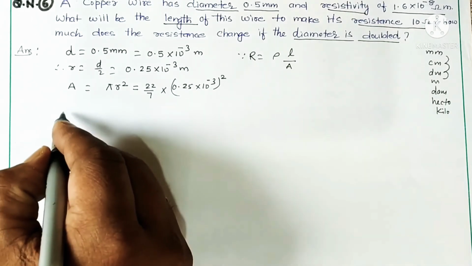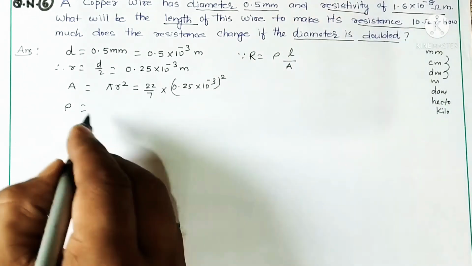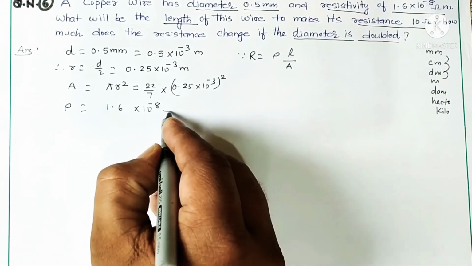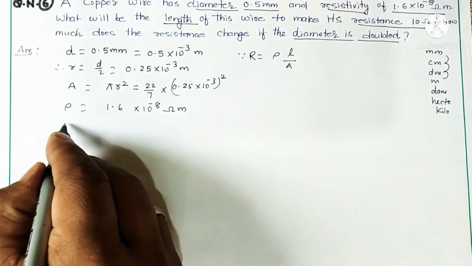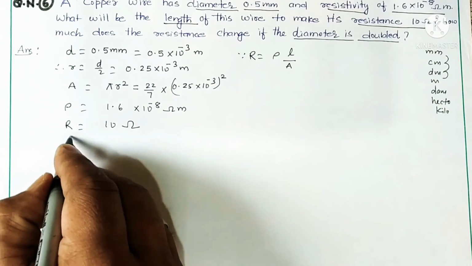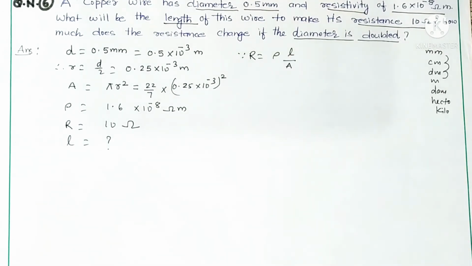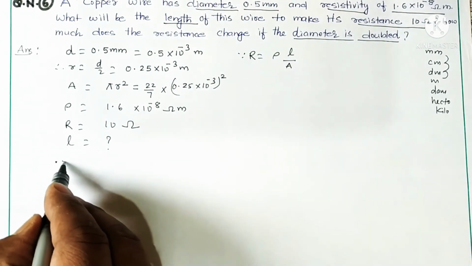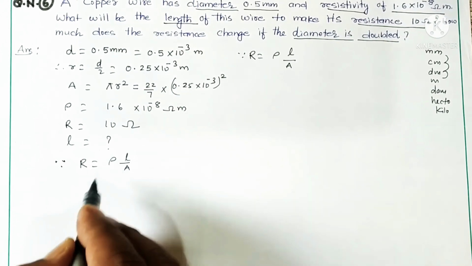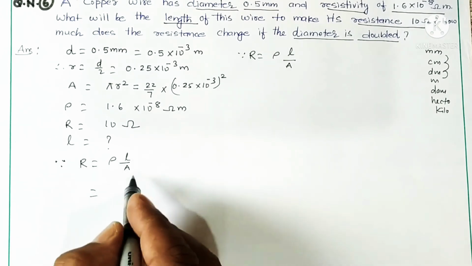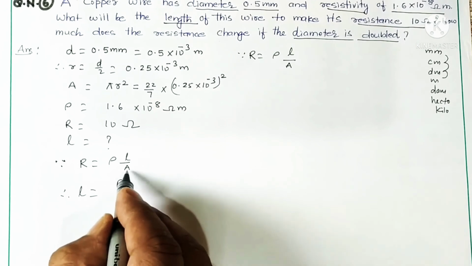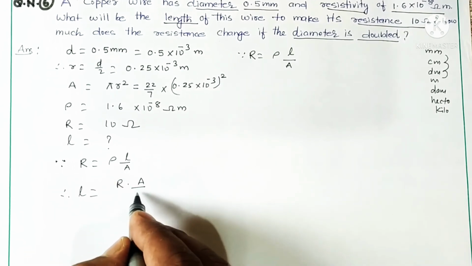Now resistivity is given. What is the resistivity? See, 1.6 into 10 to the power minus 8 ohm meter. Resistance is given, that is 10 ohm. So we have to find length. We will use this formula, R equals rho L by A. Now we will put the value for finding L. So L equals R, this will go here, so A by rho.